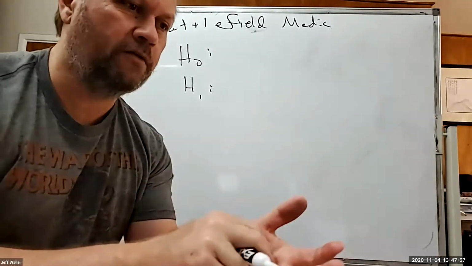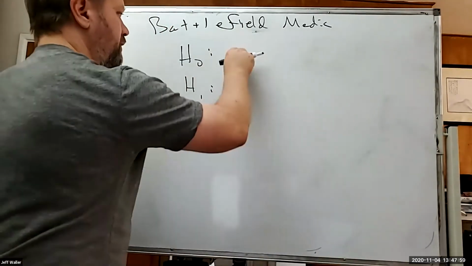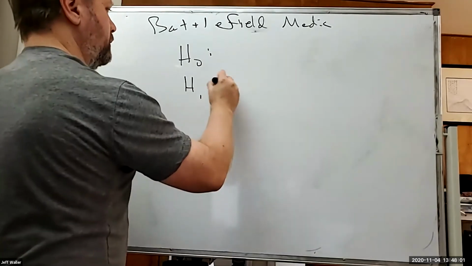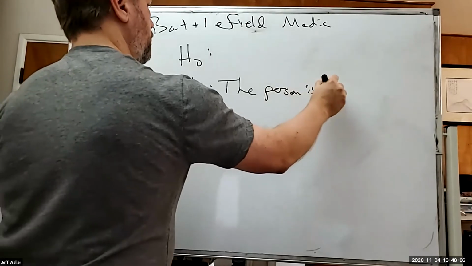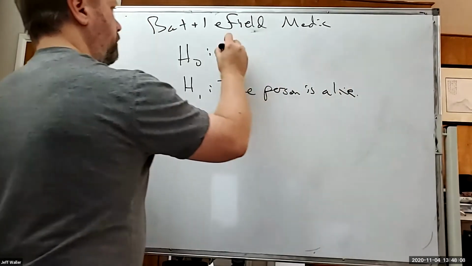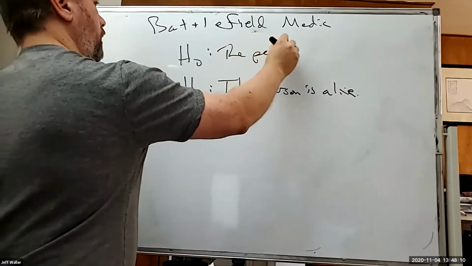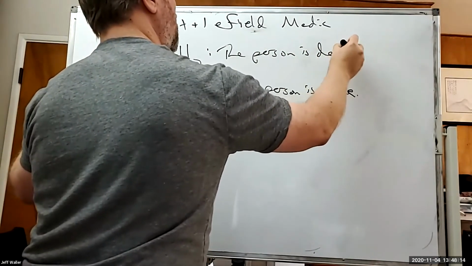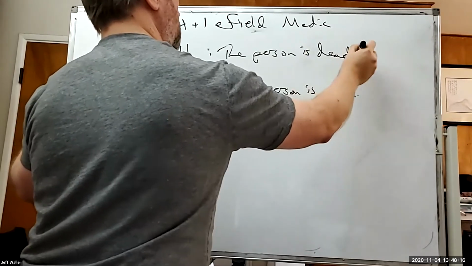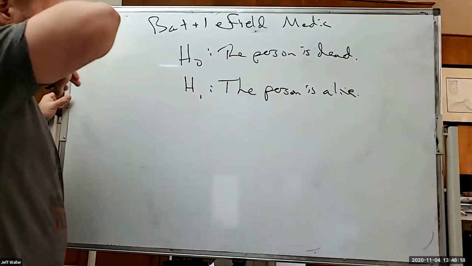Trying to find evidence for them being alive. So it really doesn't matter, to be honest. So I could put it there, but I just prefer to put it here. The person is alive. The person is dead. I think it would work either way, but right.